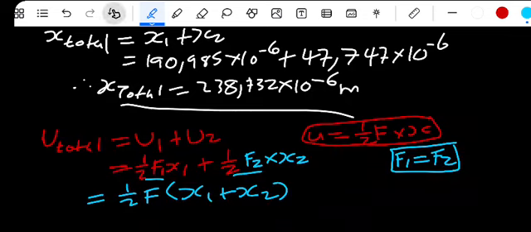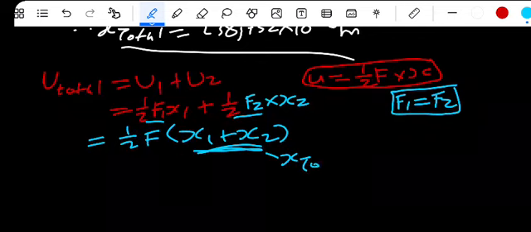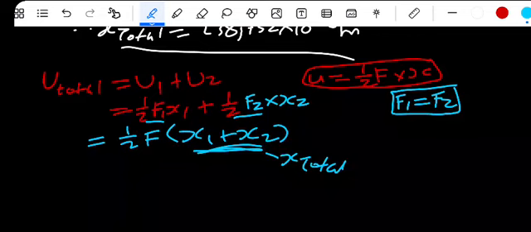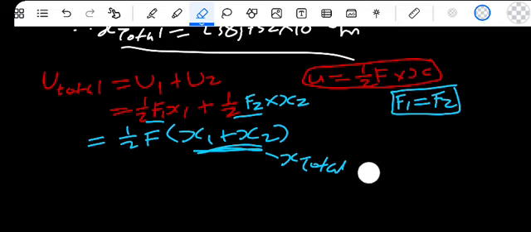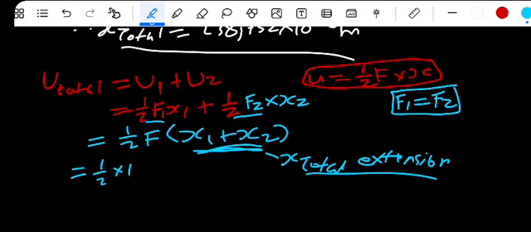But x1 plus x2, we said this is the total extension. So we'll substitute our total extension. The force is still 10 times 10 to the power of positive 3.